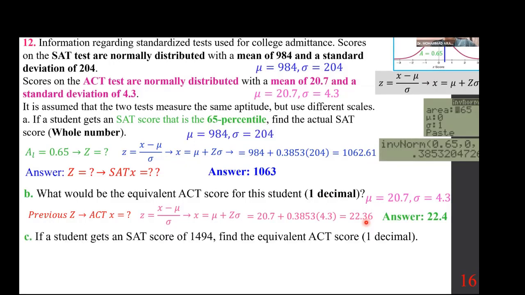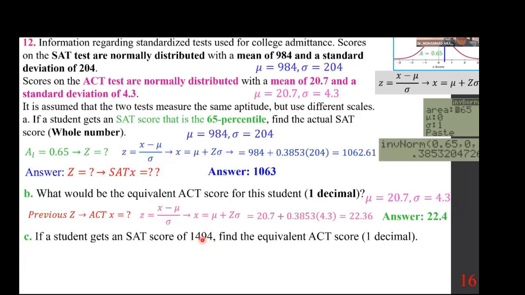If a student gets an SAT score of 1494, find the equivalent ACT score. Well, SAT, here's the information, mu and sigma. So what is given? The X value. Going to this formula, we want to find the Z-score for this.